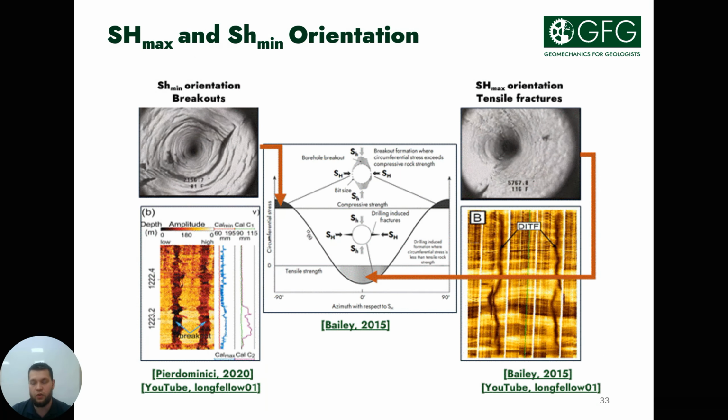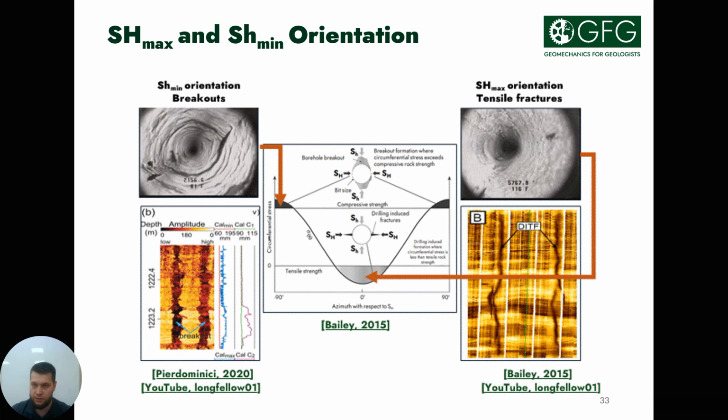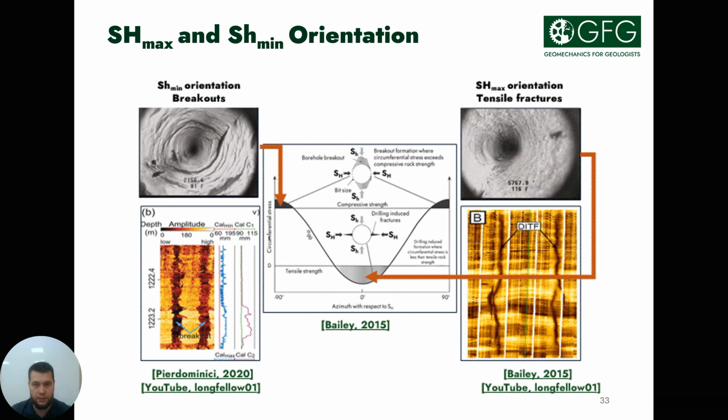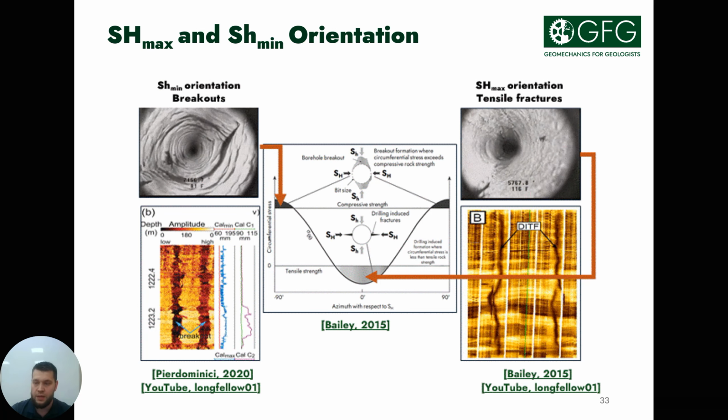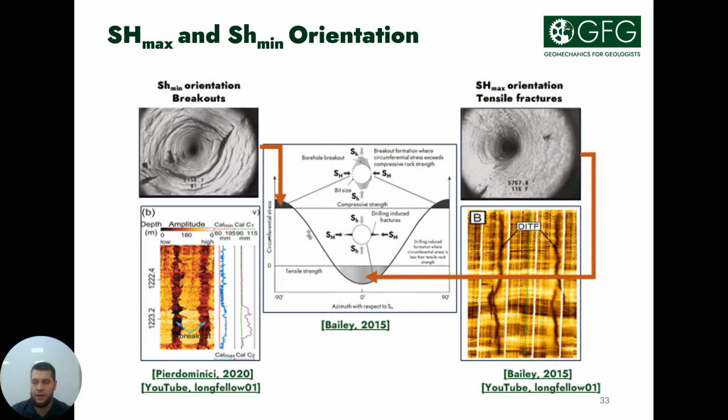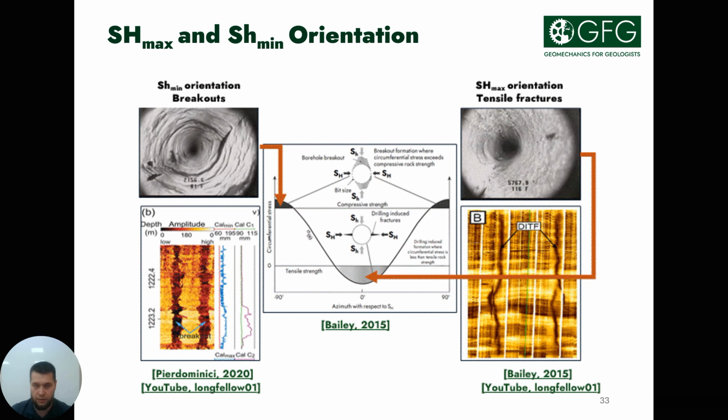The next object for analysis is the microimager. Borehole image logs can also be used to identify wellbore breakouts and tensile failures. For a vertical or near vertical borehole, the maximum horizontal stress orientation is aligned with the direction of drilling-induced tensile failures and is perpendicular to the direction of borehole breakouts.